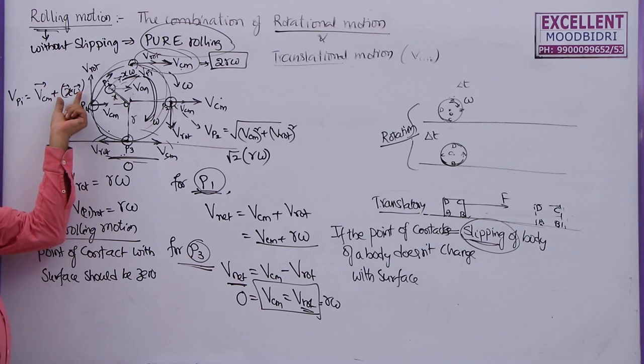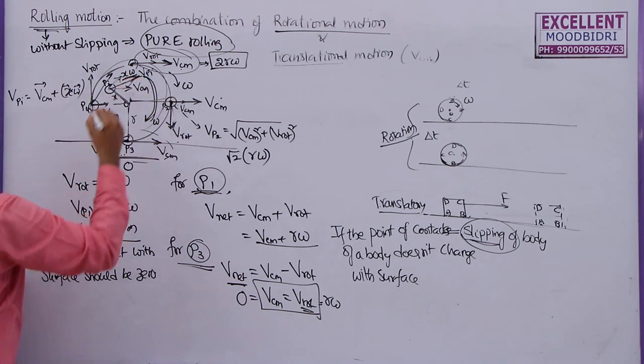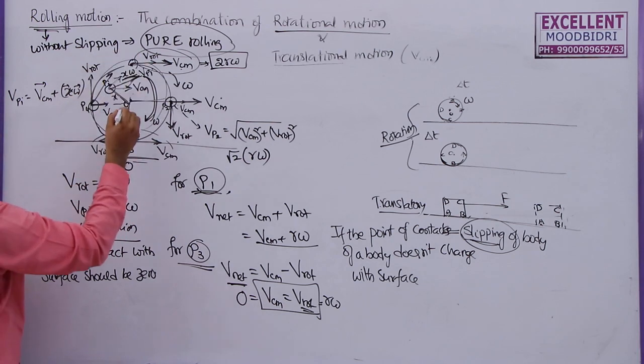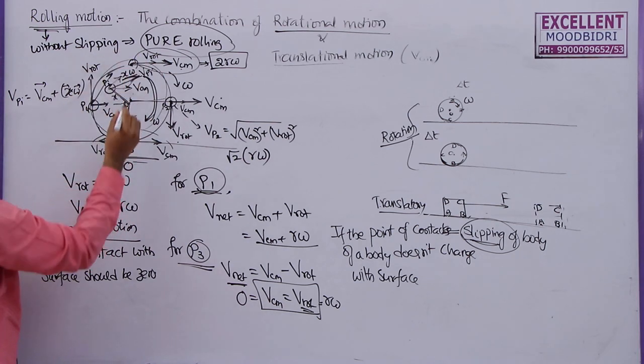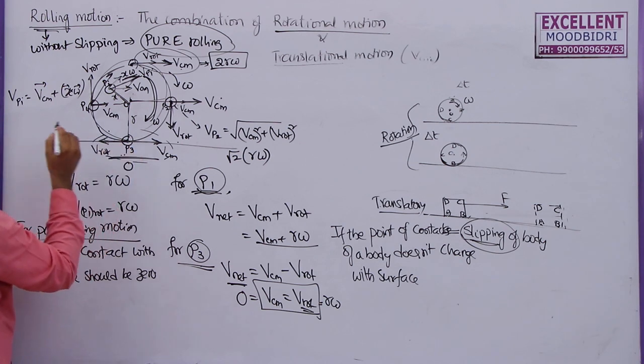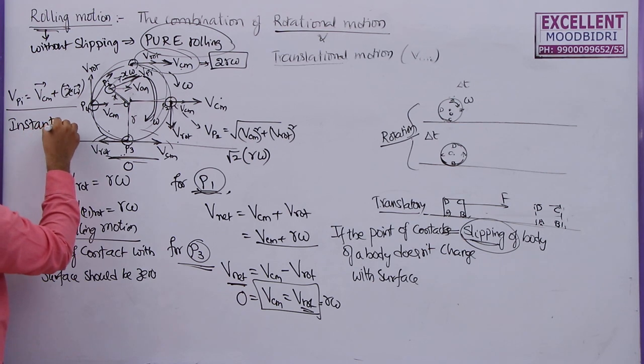So you can find this value by using the cross product. But this resultant velocity is perpendicular to the instantaneous axis of rotation. So when the body is rotating like this, it is rotating about this axis. But as it is fixed here, this point P3 is also known as the instantaneous axis of rotation.